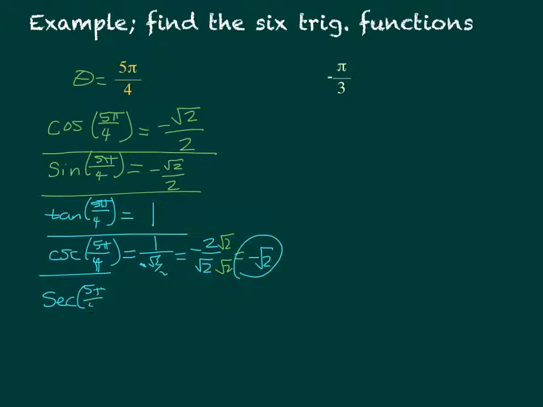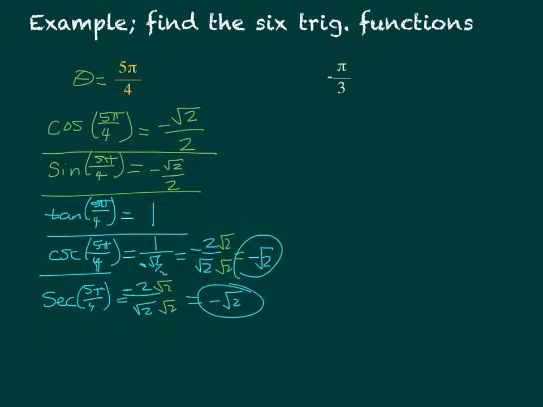Then your secant is similar, 5 pi over 4, except it is the reciprocal of cosine. So again, I'm going to flip and have 2 over square root of 2, and it's negative still for the cosine. Then I rationalize, giving me negative square root of 2.